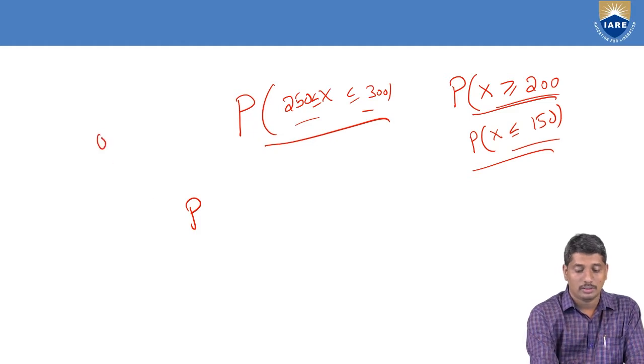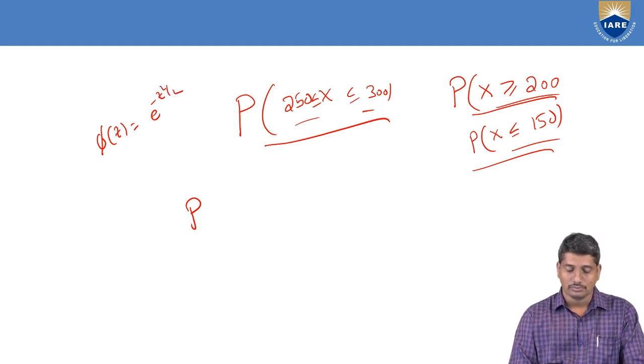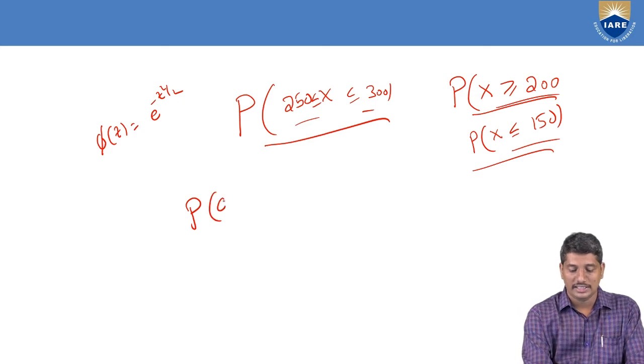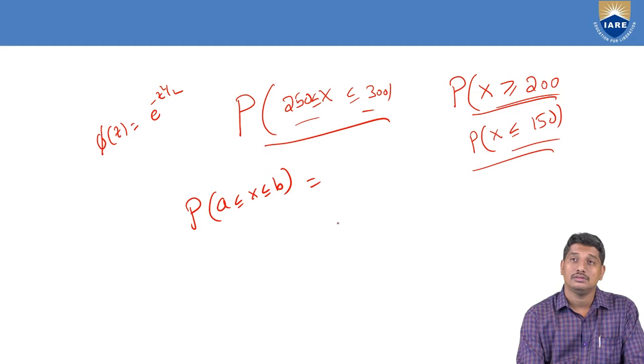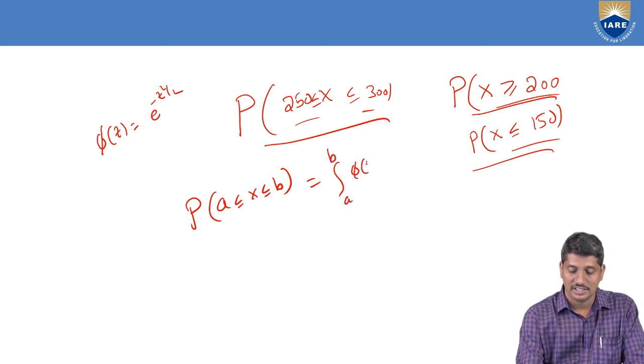Here, phi of z means e power minus z squared by 2. P of a less than or equal to x less than or equal to b is nothing but the integral from a to b of phi of z dz.